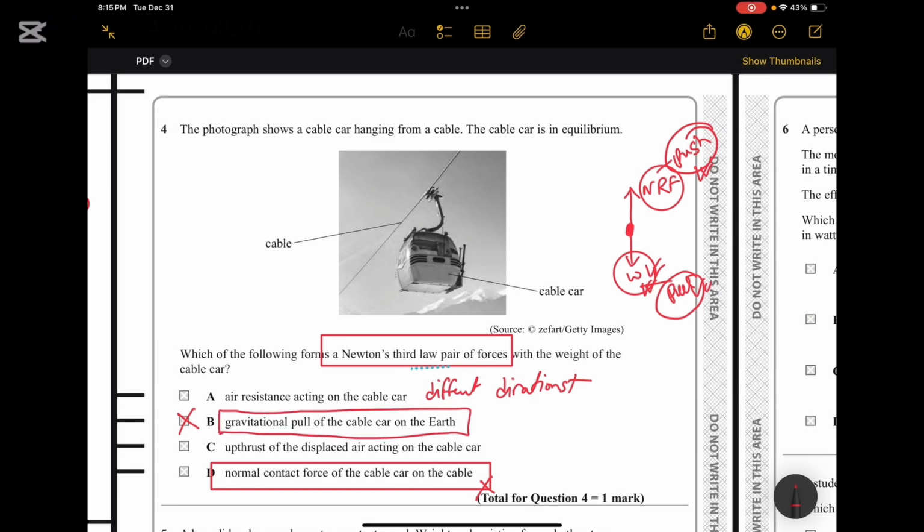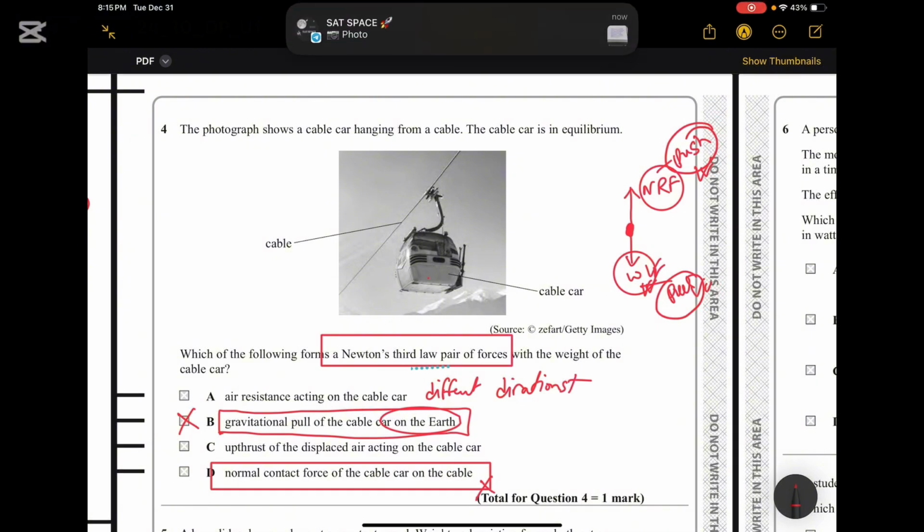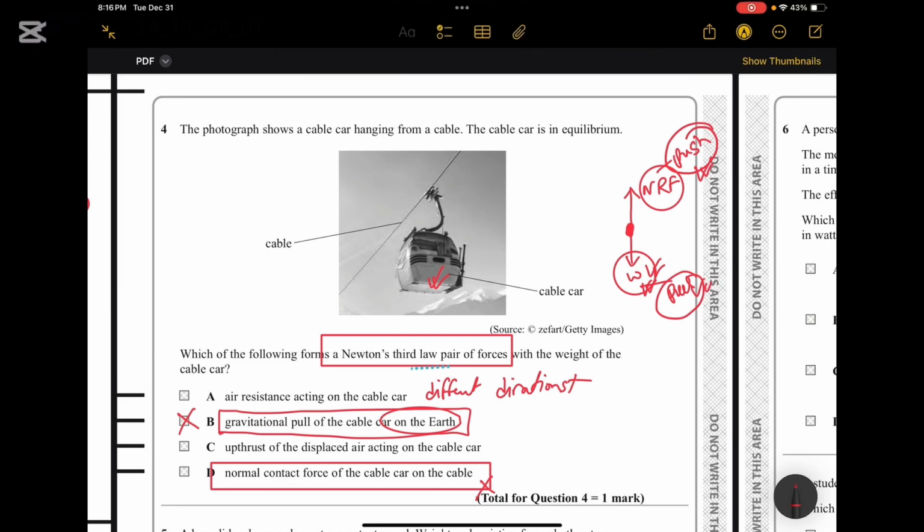It is acting on the earth, and the weight is acting on the cable car. So they are acting on different bodies, and they are the same type of force, because weight is the gravitational pull of the earth on the cable car, and this is of the cable car on the earth. So this is our Newton's third law pair, and upthrust is also not our answer.